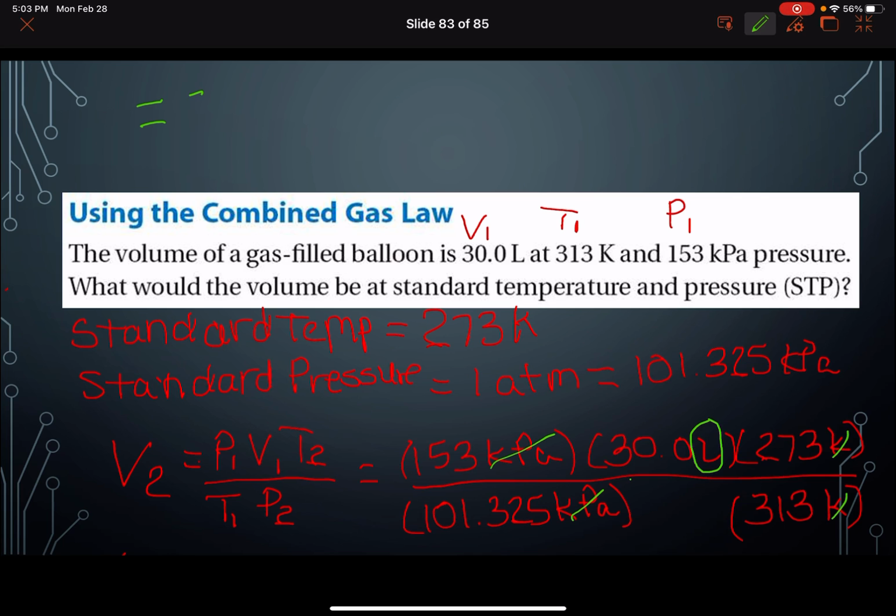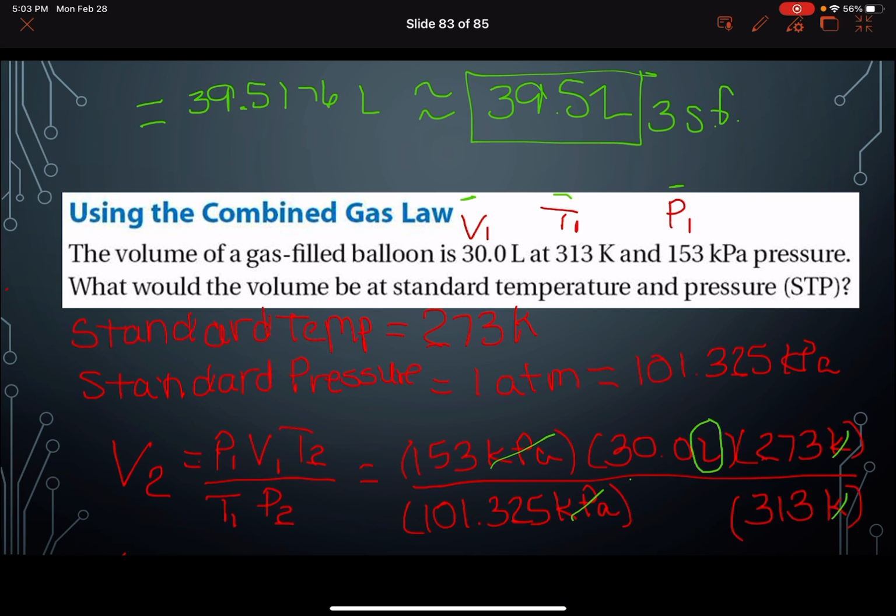It's going to come up to 39.5106 liters. We go back, we see 3 significant figures here, 3 significant figures here, 3 significant figures here. We have to have 3 significant figures. So it's roughly equal to 39.5 liters. And that is 3 significant figures, and we have solved for this.